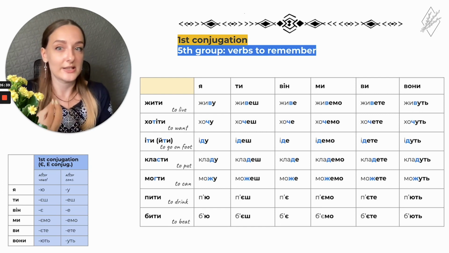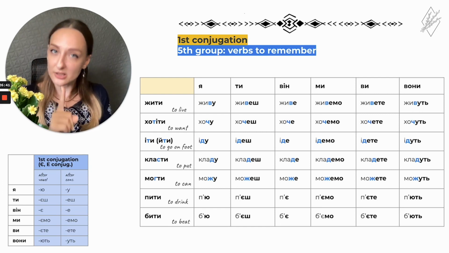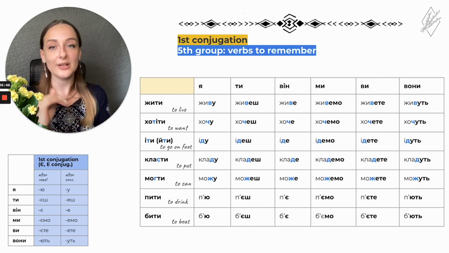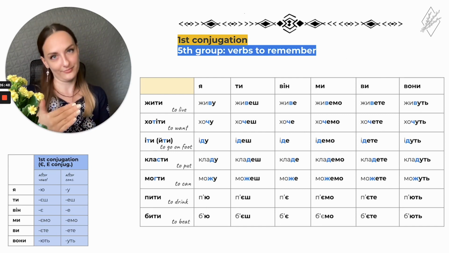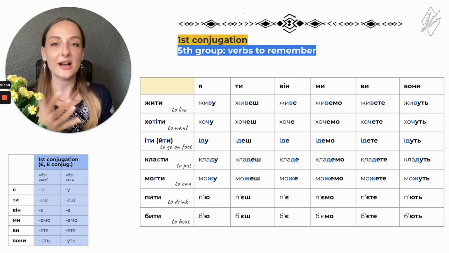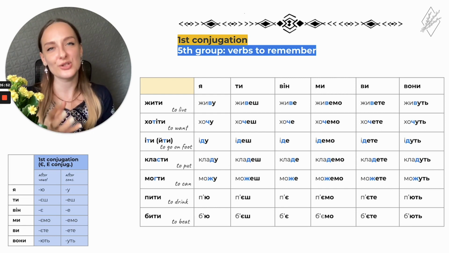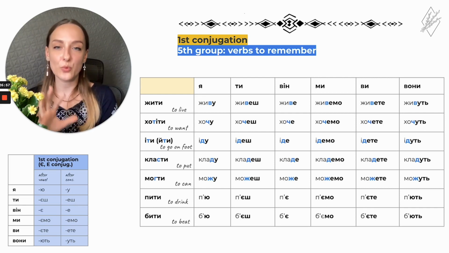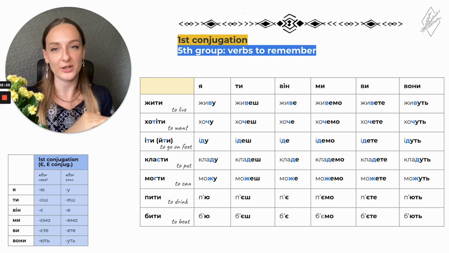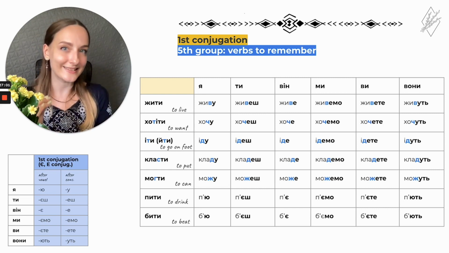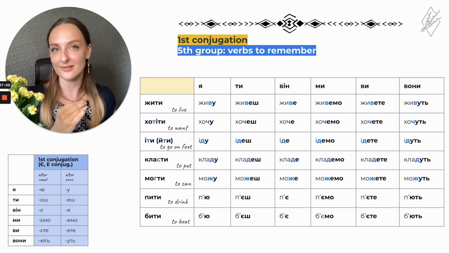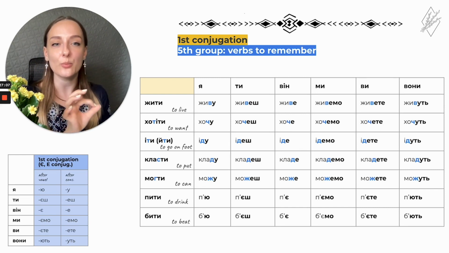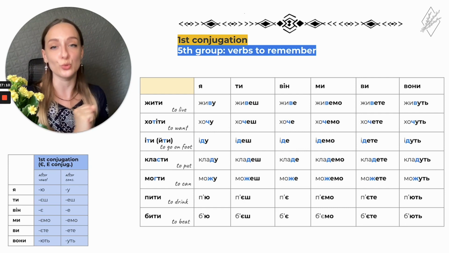And you can see that it has the ending it, but this is the first conjugation, we need to remember it. The next verb, іти or йти. These are like two options of the same verb. And they both will be changed according to the same pattern. We need to replace T with D. Я іду, ти ідеш, він іде, ми йдемо, ви йдете, вони ідуть.